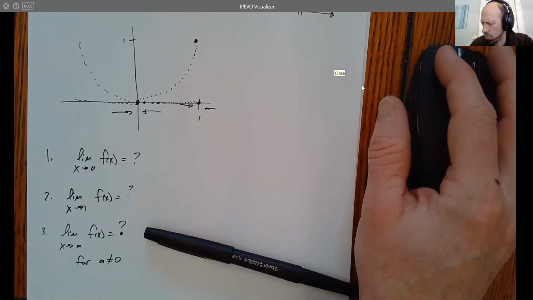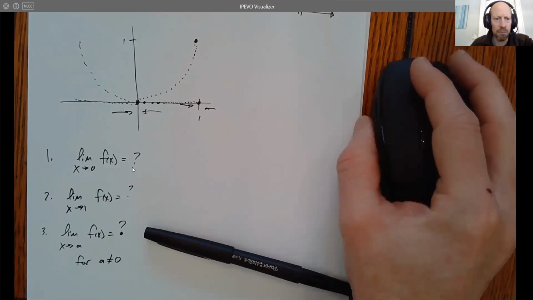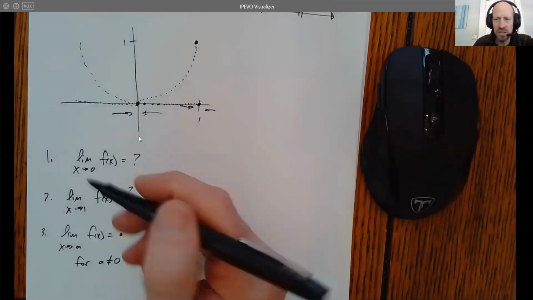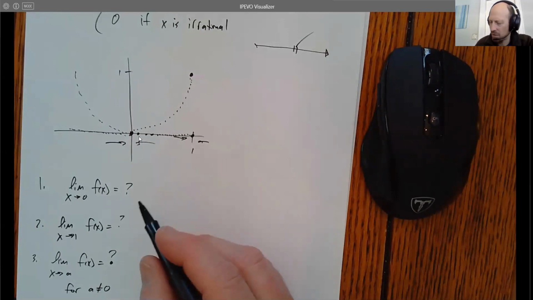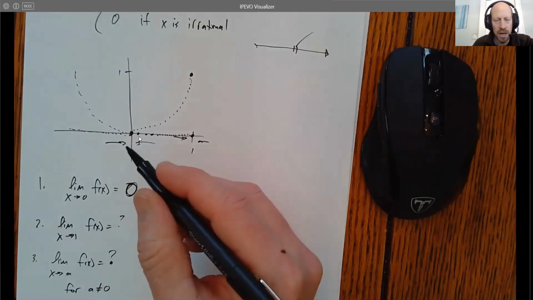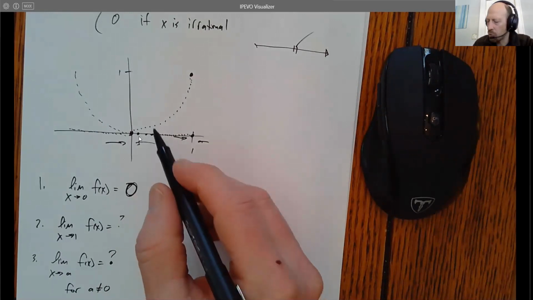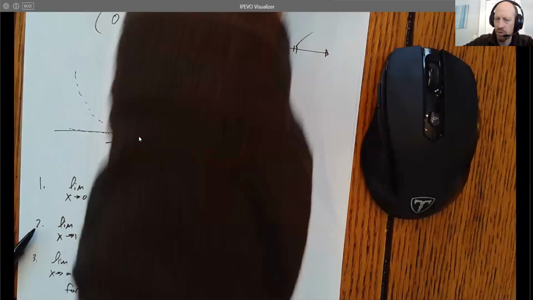So, okay, I'll give you the results of this. As x goes to 0, it turns out that the limit of f of x is actually 0. You can see this most easily by the squeeze theorem.